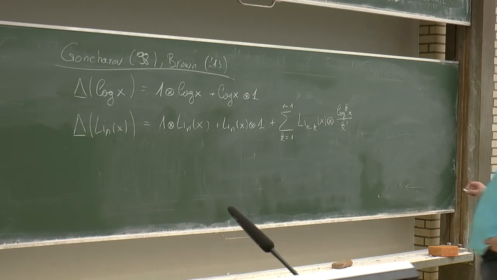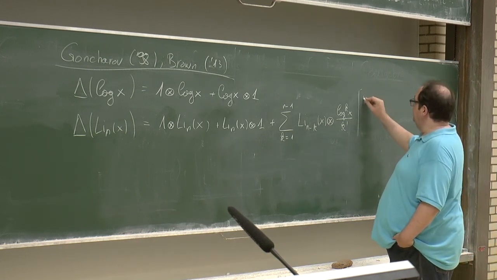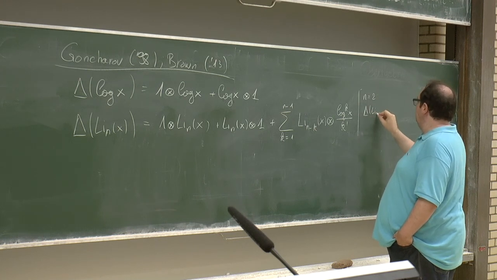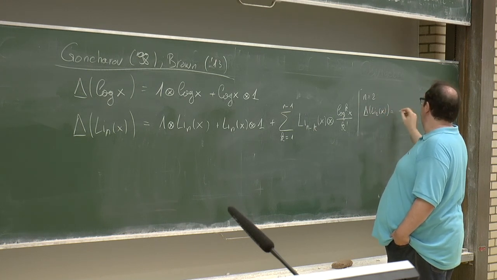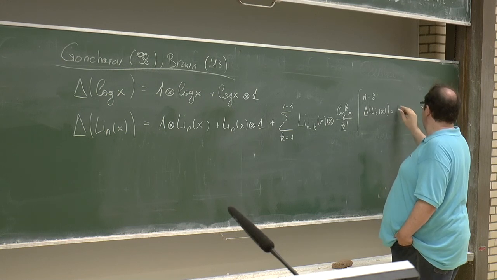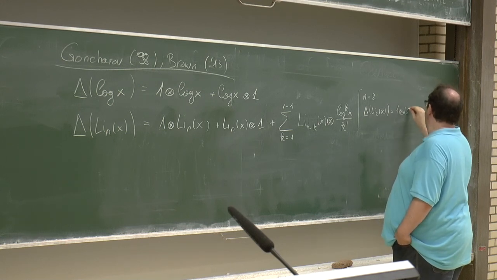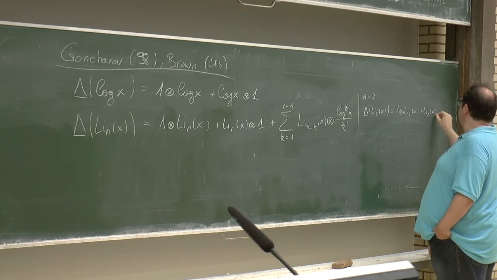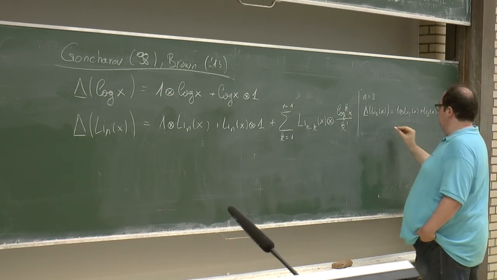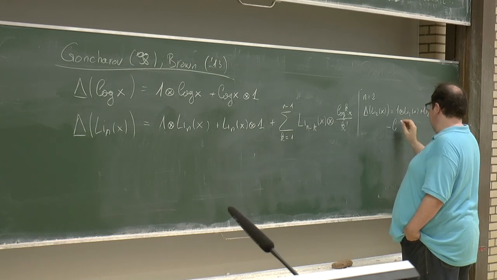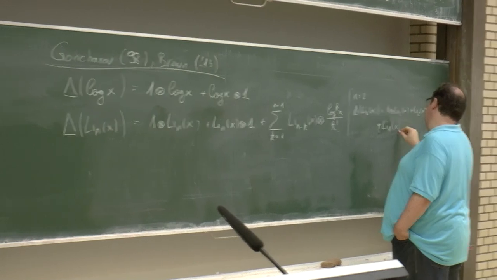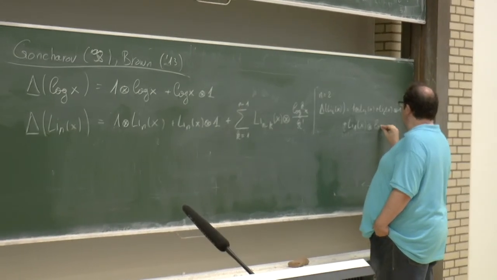So maybe let's just write this out explicitly for n equals 2. Delta Li2 of x equals 1 tensor Li2 of x plus Li2 of x tensor 1 minus, and this first item is plus Li1 of x tensor log of x.